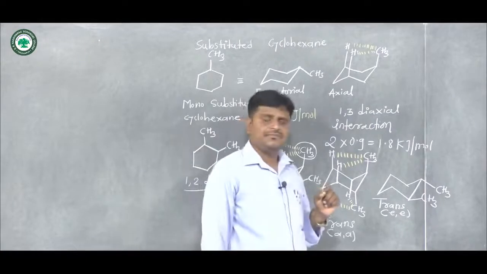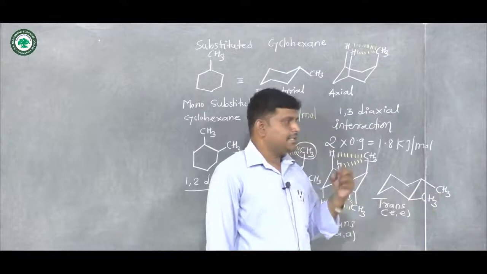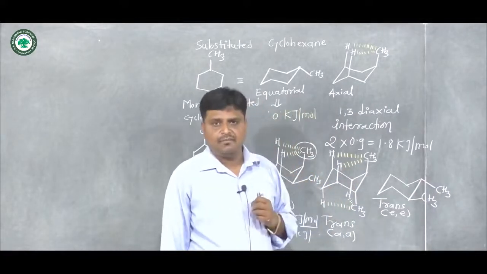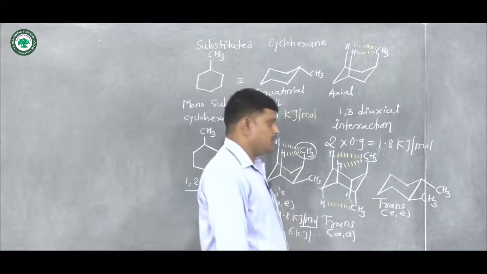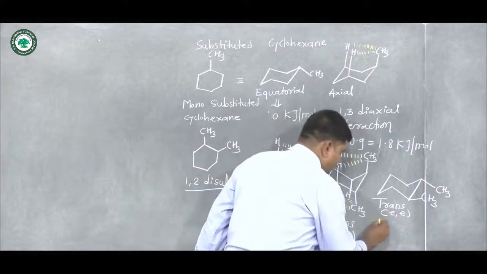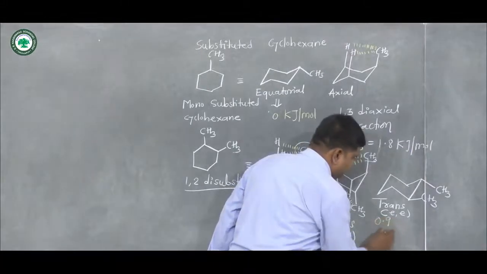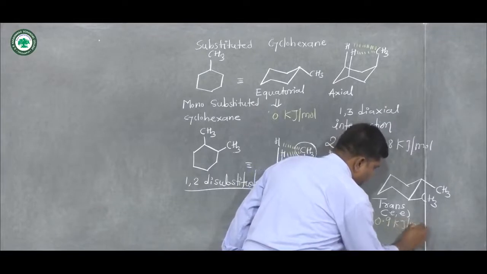Why? Because both the substituents are present on adjacent carbon atoms and there is some interaction between them. Why? Because of their bulkiness. Okay, so here we write 0.9 kilojoule per mole.